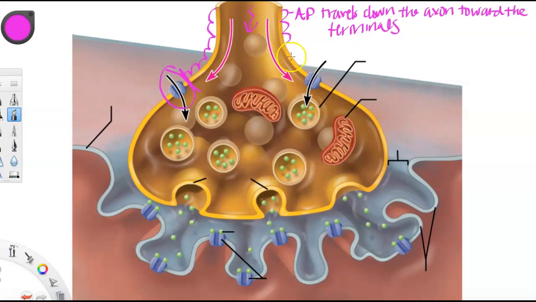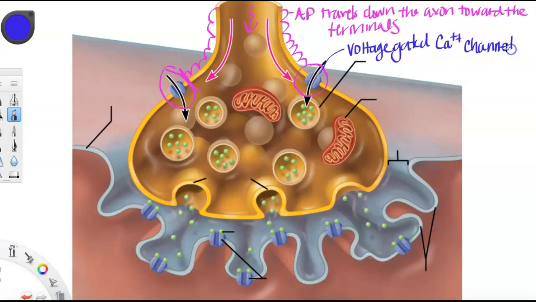Once it gets to this point right here, we see a channel. And same over here. It's coming down here and it sees this channel. It bumps into it. This is that voltage-gated calcium channel. They're on both sides.